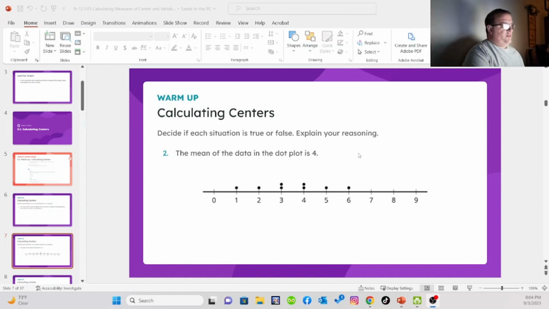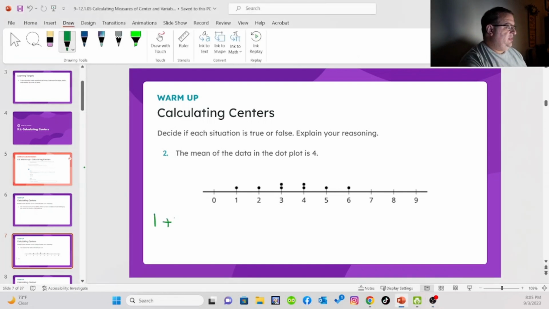So in order to figure out the mean on this dot plot, you are going to need to be able to add together each data point. And this is what dot plots are really good for, because I know exactly what the numbers are, because every dot on my dot plot is one of my data points. So the first thing we need to do is add all of these together.